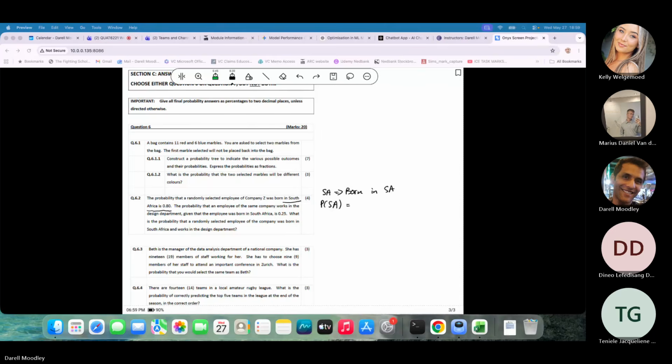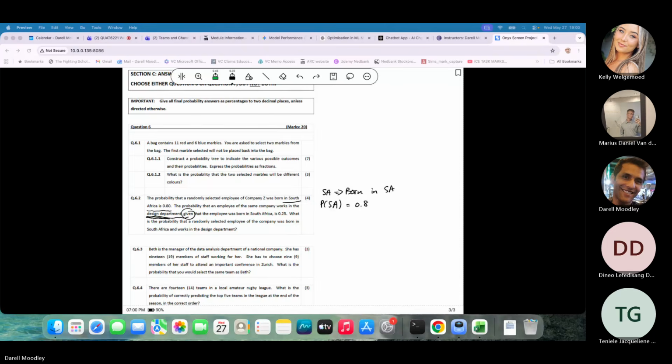is 0.8. Then it tells me the probability that an employee of the same company works in the design department, given, this is important, given that the employee was born in South Africa, is 0.25. So here, there's an event that they're telling us about.